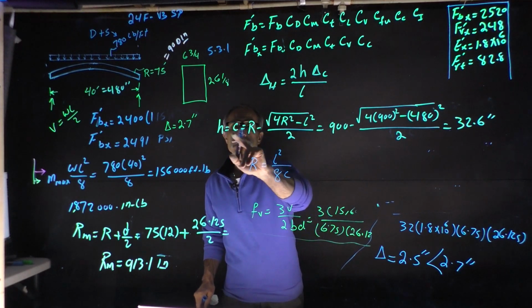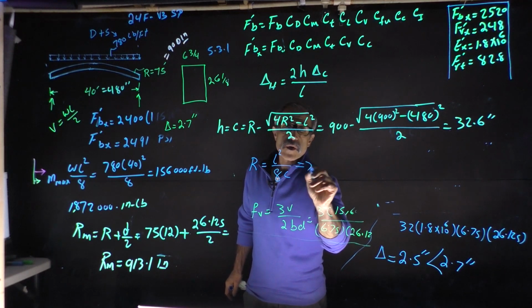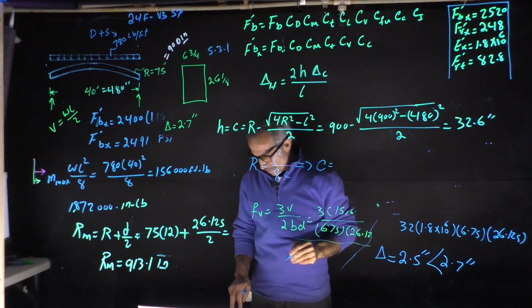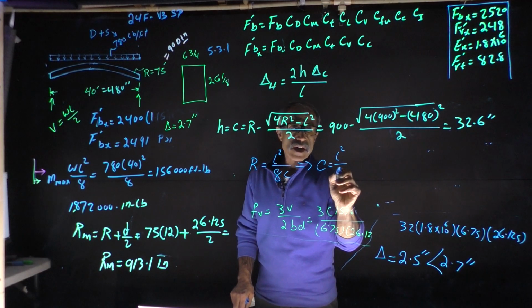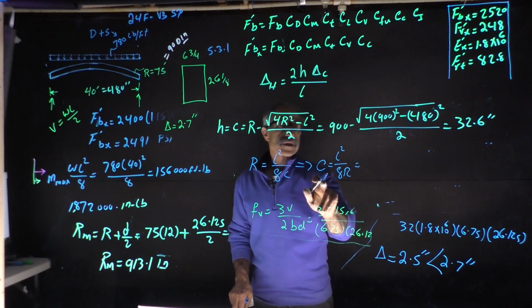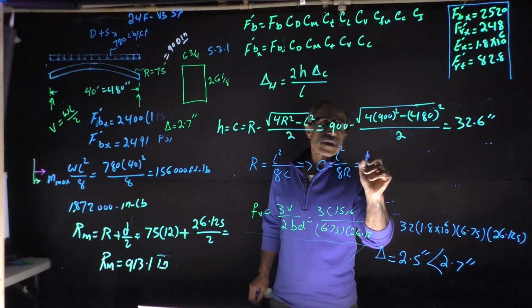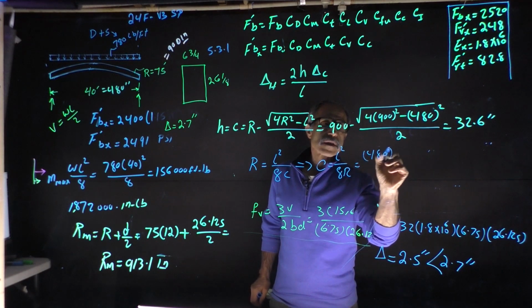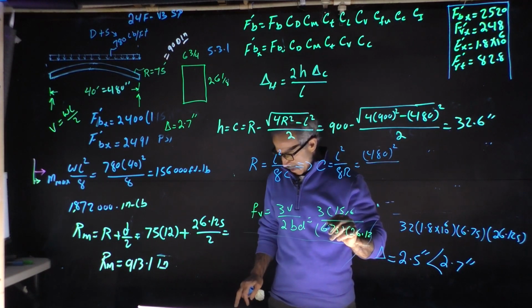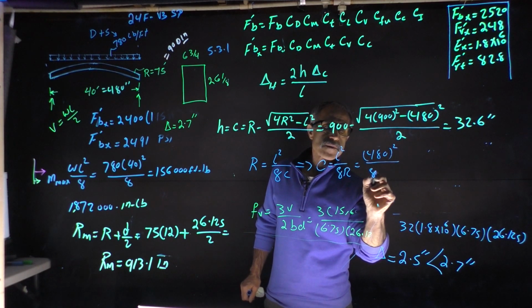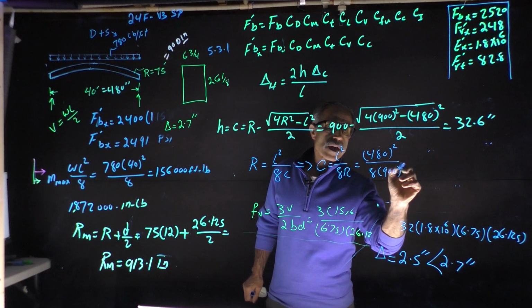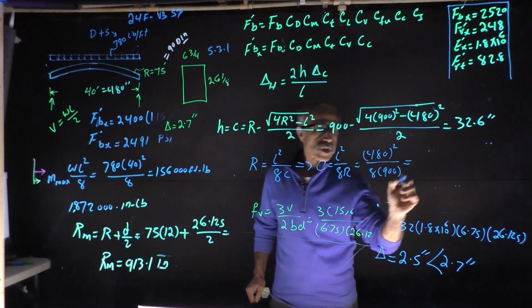Now C is the same as the H here. So C comes out to L squared divided by 8R, and let's see what we get from this equation. That's 480 squared divided by 8 times 900, and that comes out to 32 inches.